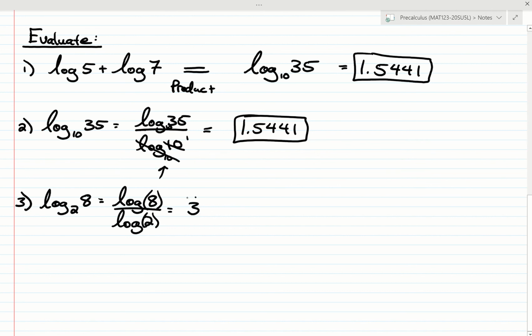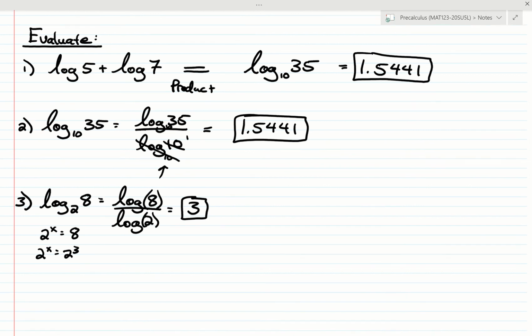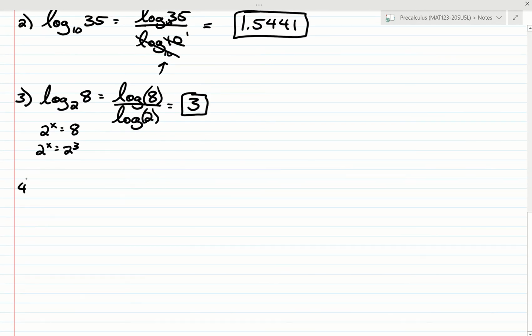Just kind of an interesting point: the reason why that's 3 is, remember, this is 2 to what power is equal to 8. 8 is 2 to the third. So you can see how that works. I think that pretty well explains why it's 3. So let's go to the next problem.